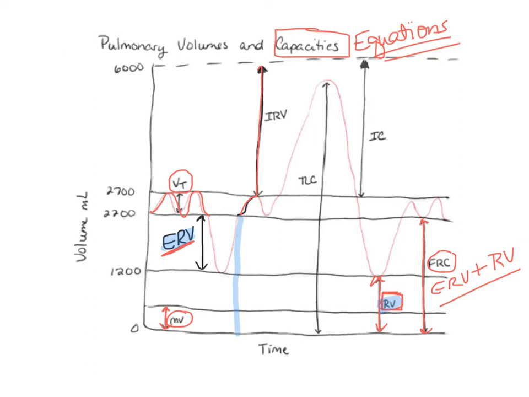The vital capacity, so vital capacity I always think of as your life. Vital means like life. The vital capacity is the inspiratory reserve volume plus the tidal volume plus the expiratory reserve volume. That is the vital capacity.